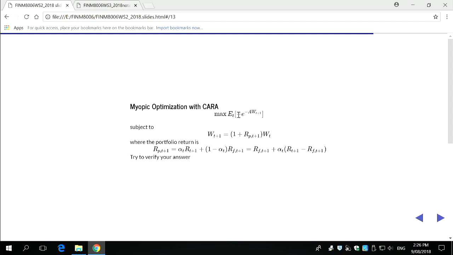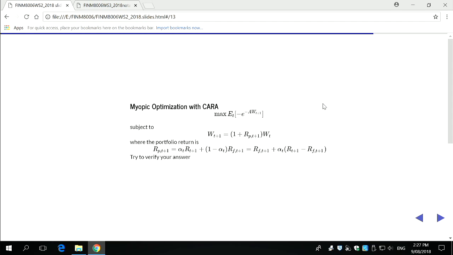Why don't I have the 1 minus here? That could be an answer: when we take the derivatives, the 1 goes away. But more fundamentally, when we maximize the utility, any positive linear transformation doesn't matter, because we only care about the shape or ordering of the utility, not the numbers.